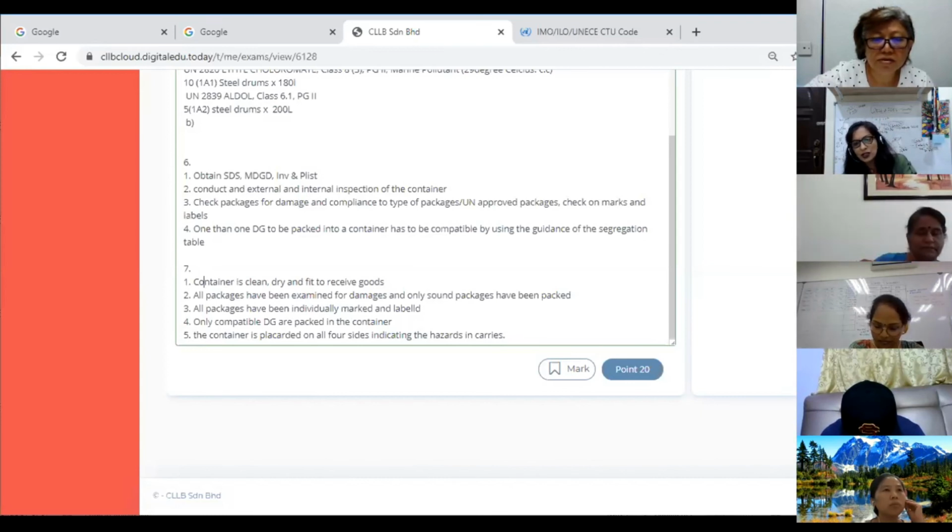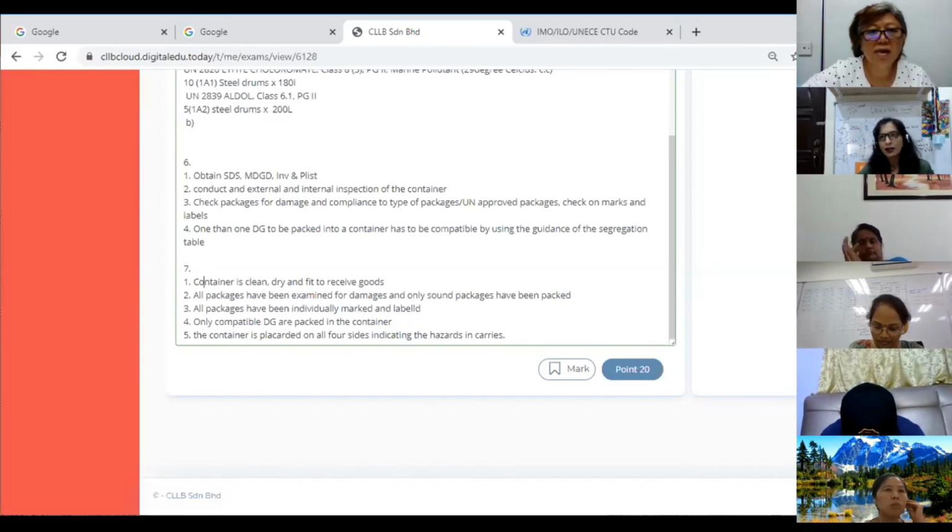Whether DG or non-DG, if it is on a flat rack. You mean the master of the ship is signing your certificate? Yes, because that is only on flat rack, nothing else.